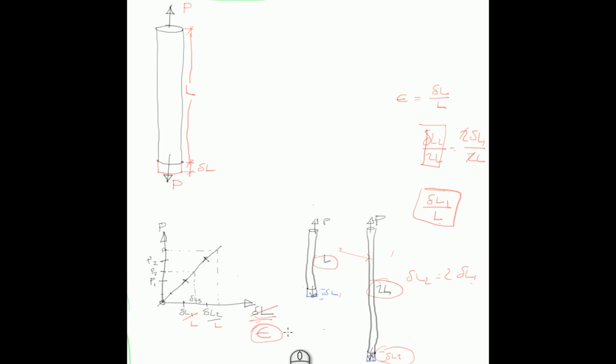And we found that using strain, it didn't matter what length the sample was. Everything would come out in this calculation here, where we divided by the original length, such that a greater change in length due to a greater original length meant that when you divided the first by the second, the change in length by the original length, that brought this back in line with a common quantity between the two samples.